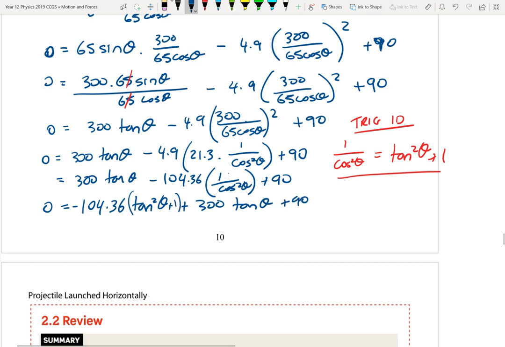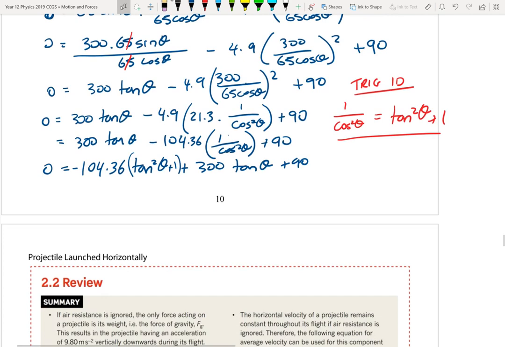Okay? Are we happy there? I almost forgot the plus 1. Phew, glad I didn't. We've got to expand this out. Again, you see why this is not in the syllabus. You get minus 104.36 tan squared theta. I'm going to combine the minus 104.36 with the 90, and we get minus 14.36 plus 300 tan theta. So I've just done the numerical terms.